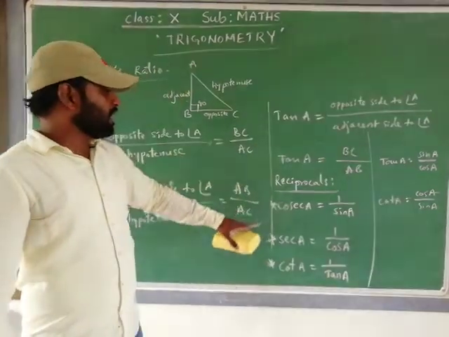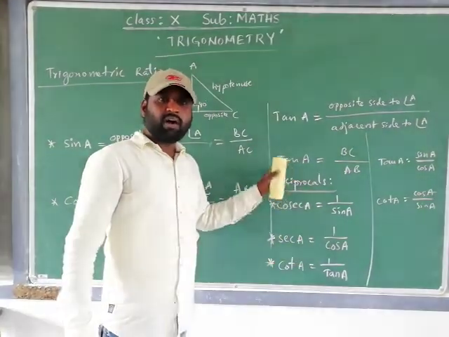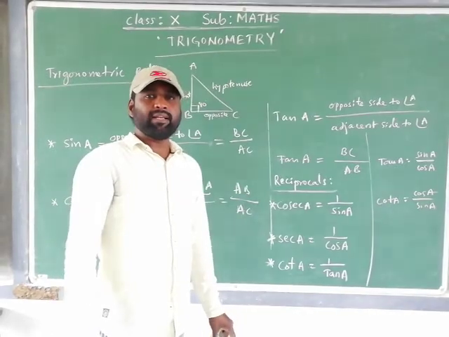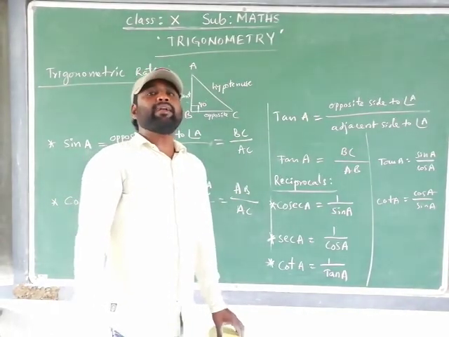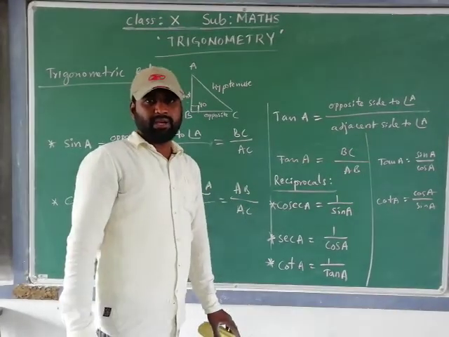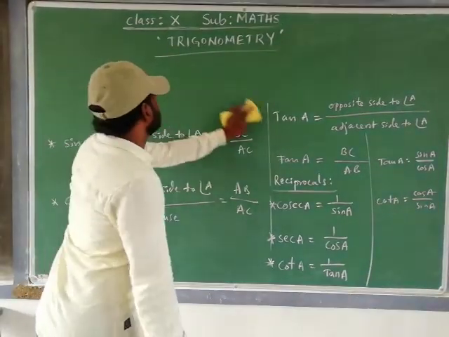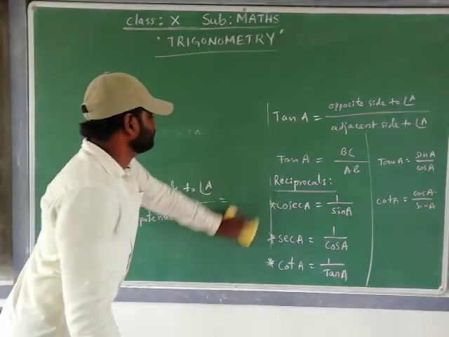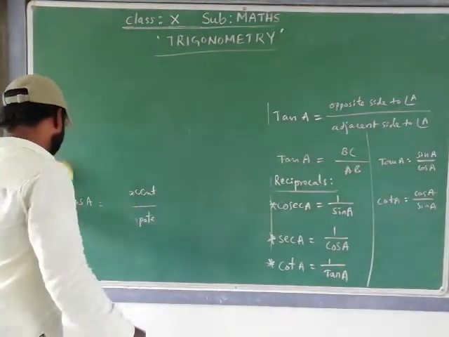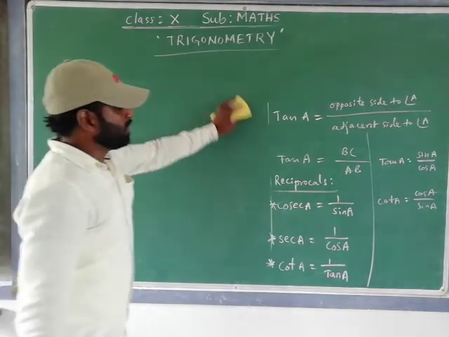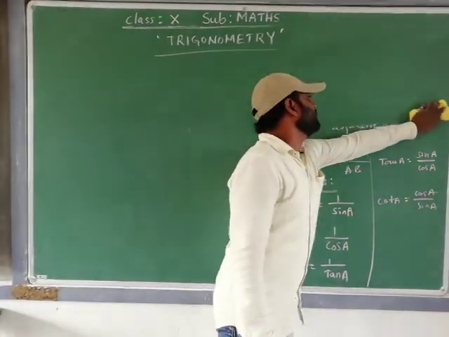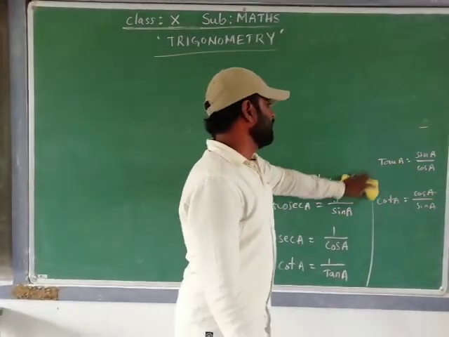Their reciprocals are cosec, sec and cot. For all the 6 trigonometric ratios, we have standard angle measures. Let us learn those standard measures of angles. These all you must remember. Without this, you can't do anything in trigonometry.